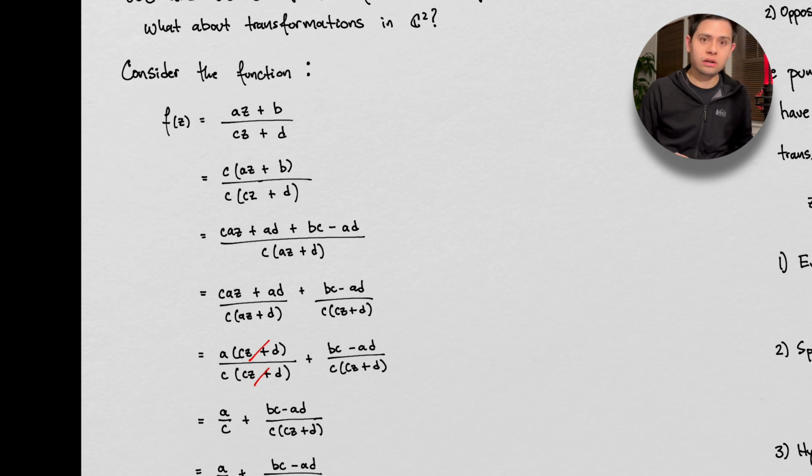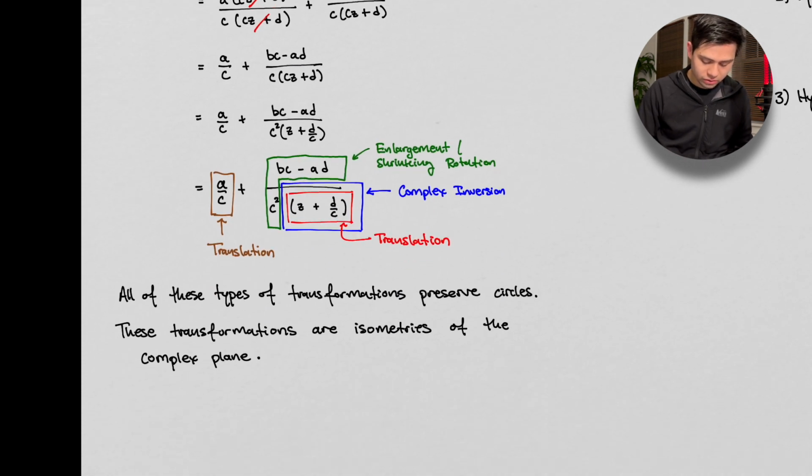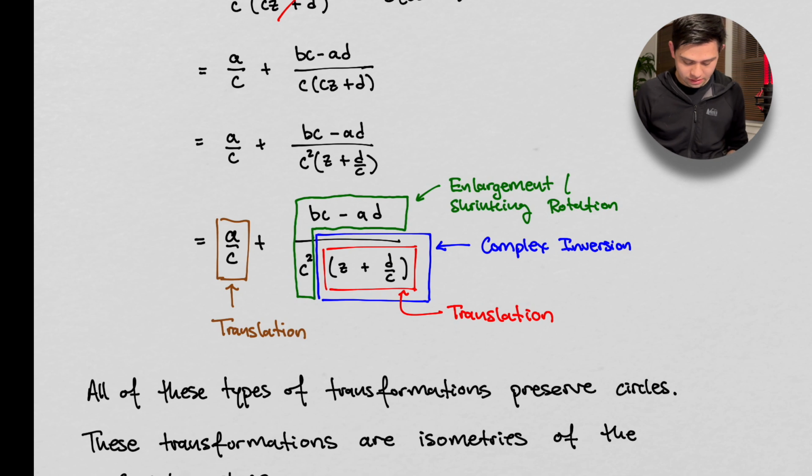It's just written in a different way. But the reason we do this is because now we can see how the Mobius transformation is really just a combination of translation and complex inversion, right? Inversion is interesting. We can dedicate a whole video on what complex inversion is.